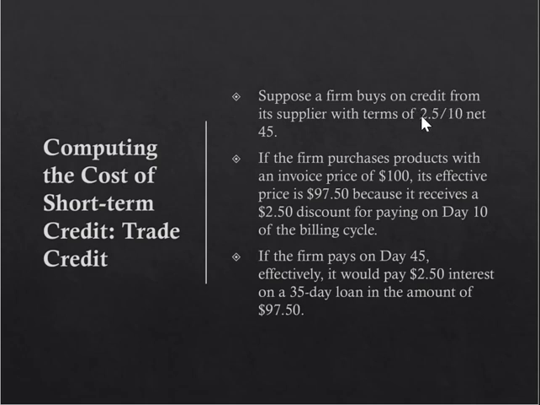Otherwise, you pay $97.50. Generally folks would look at this as a discount, but it's really baked into the price. And so we look at it from a finance perspective as interest that we would need to pay to take on that 35-day loan. So is paying $2.50 in interest on a 35-day loan a good idea?